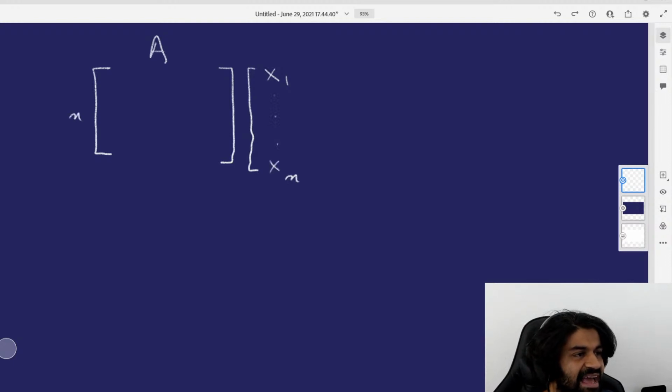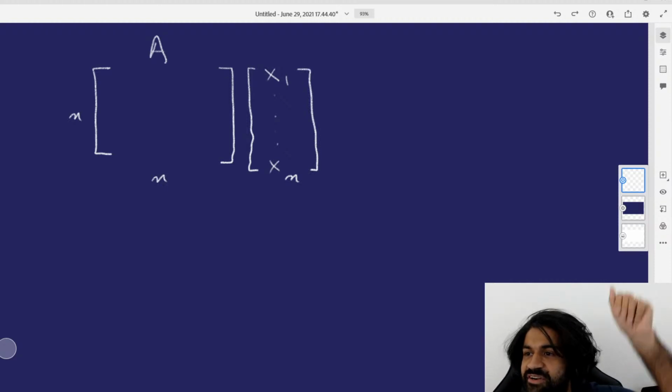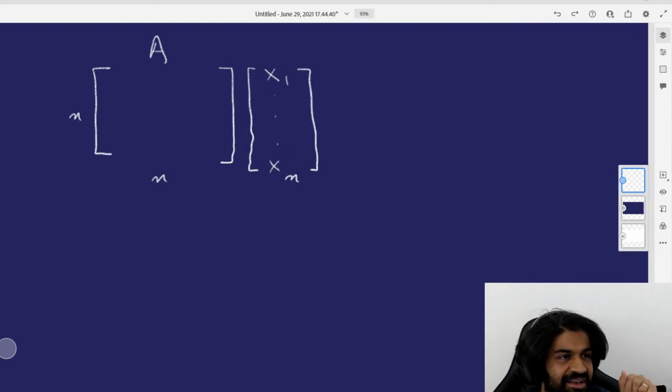So A is again an n by n matrix, and you're multiplying it by a vector of unknowns. And this is supposed to equal y1 through yn.